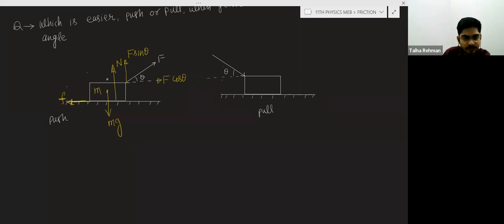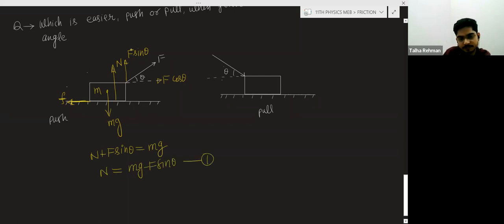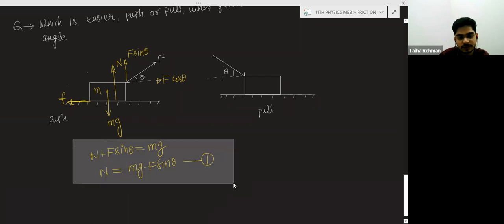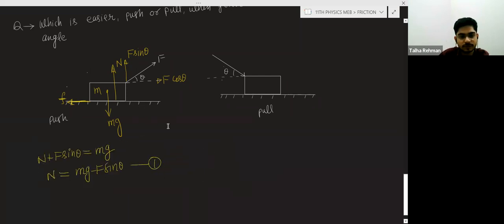So N plus F sin theta is equal to mg. So what is the normal reaction? mg minus F sin theta. This is the normal reaction for this block.